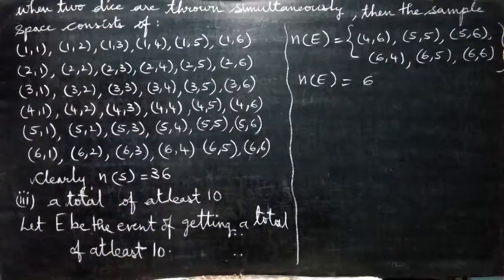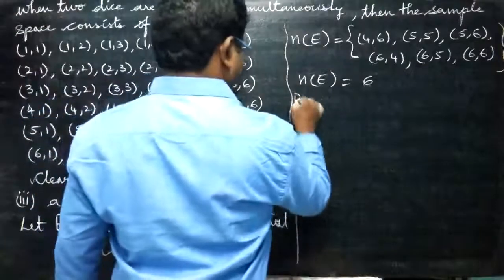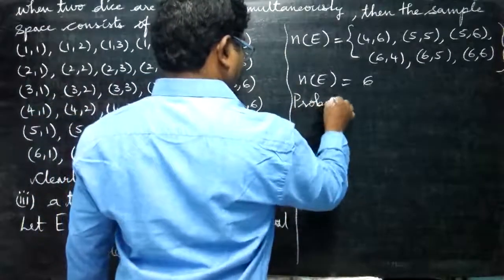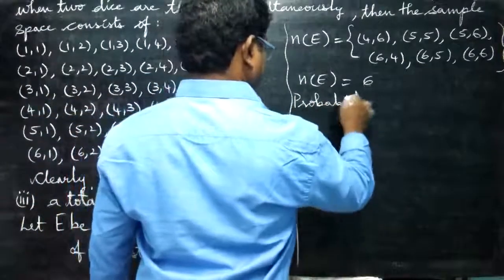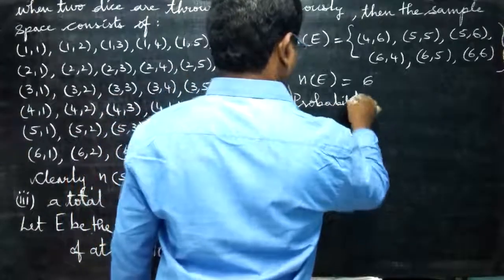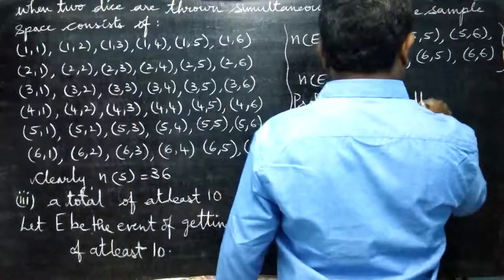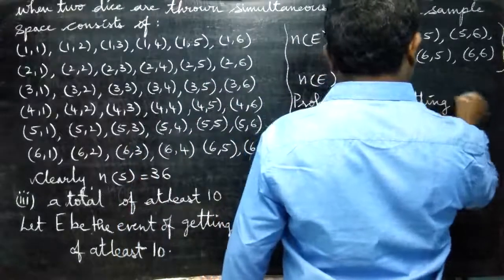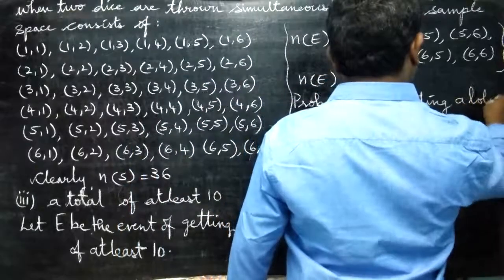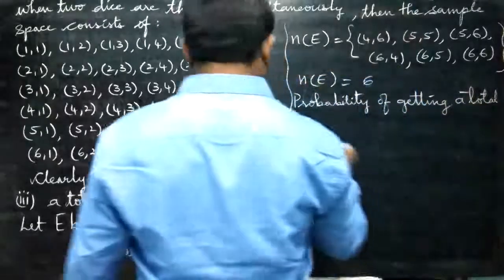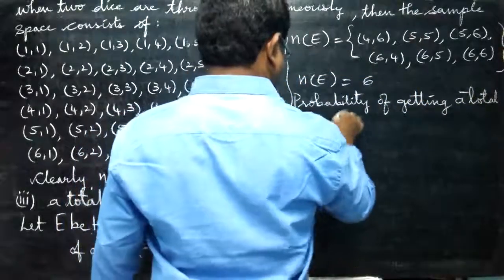Very important problems. So now what they are asking: find the probability of getting a total of at least 10.